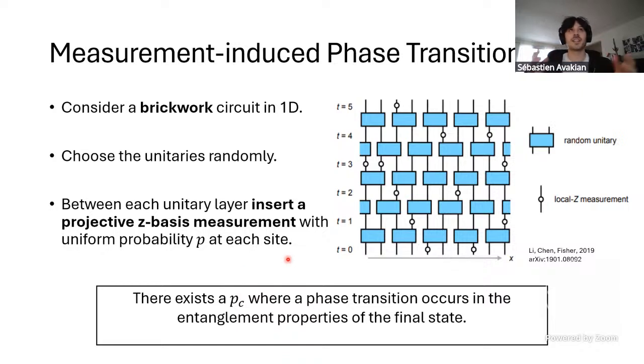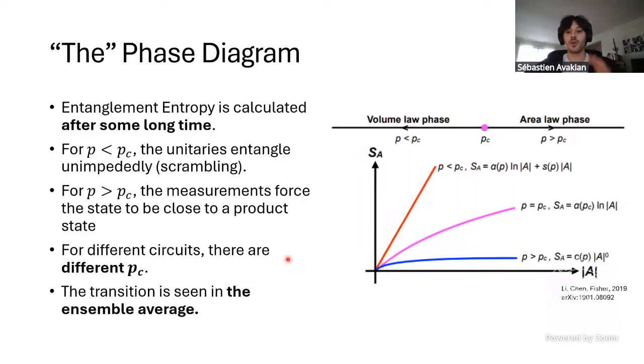This is said to be a measurement-induced phase transition, and it's driven by the measurements. A rough phase diagram that you can think of is if you take the entanglement entropy, for example, and study the ensemble average of this quantity in different regimes, whether you're above or below P_c. Here this is for entanglement entropy, but it can also be for other criteria as well.